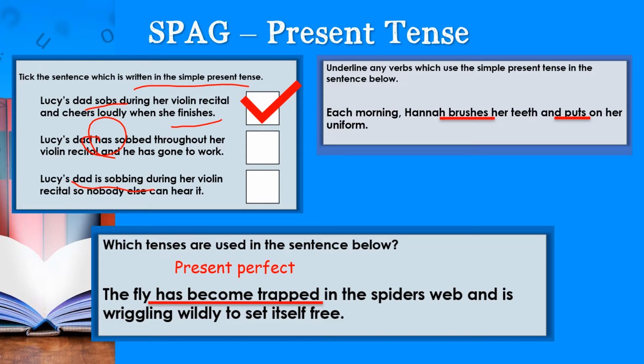So it has been trapped, but it is still in the web, so it is still present tense. Remember again that word have or has gives that away. And the second one is wriggling. The fly is still wriggling, so it is present progressive. It is progressing, it is continuous.